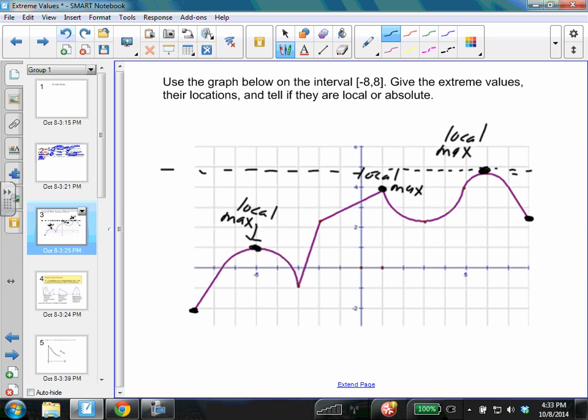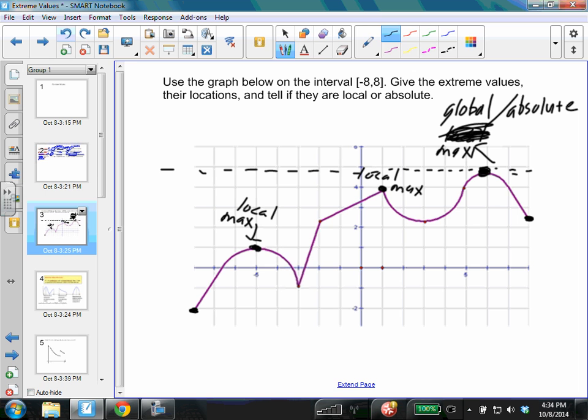So since that is the highest point anywhere on the graph, that's not just a local max, though it is local. Rafa Nadal is a global celebrity. If he lived in Starkville, he would also have to be a local celebrity, right? So he is more famous than everybody in Starkville, but more importantly, he's global, right? So this one right here would actually be the global or the absolute maximum. It's the highest one anywhere on the graph.